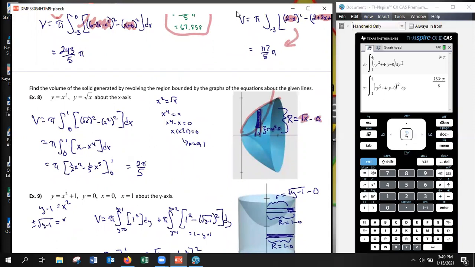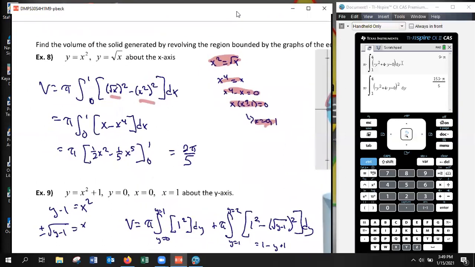Inner radius is x squared minus 0. I'm going from 0 to 1. How did I know I was going from 0 to 1? Set my functions equal to each other and solve. Pretty easy. This one, as I said, I did manually. So this ends up being just x minus x to the fourth, antiderivative, plug in 1, plug in 0, I get 2 pi over 5.